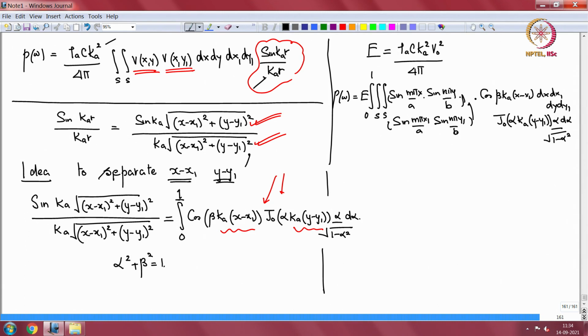Okay, so they are all in one line. This term will come up here, this term will come up here, they are all in one line, one integral.